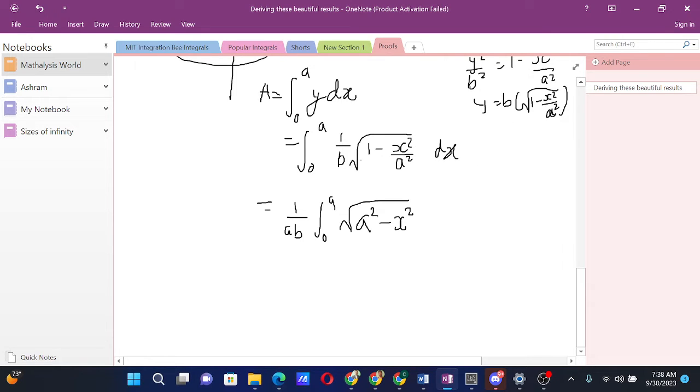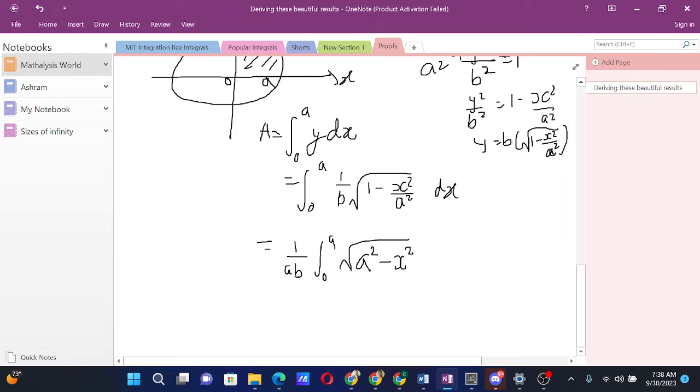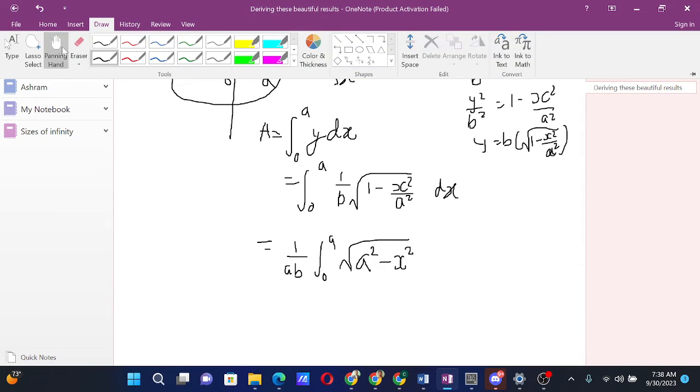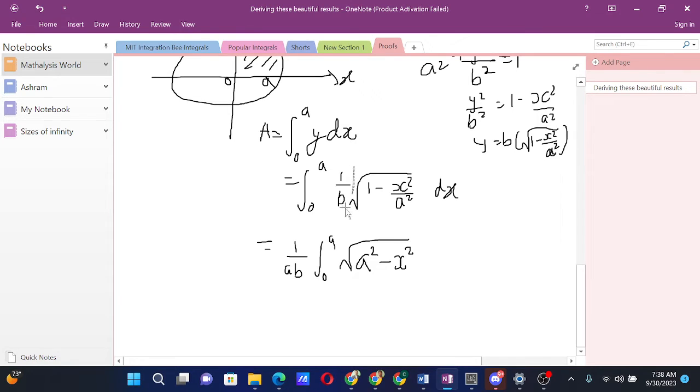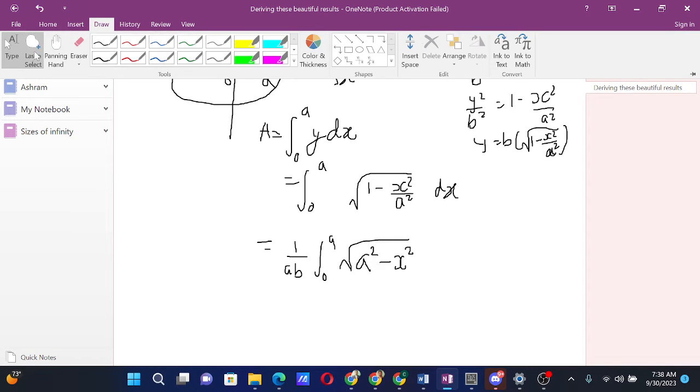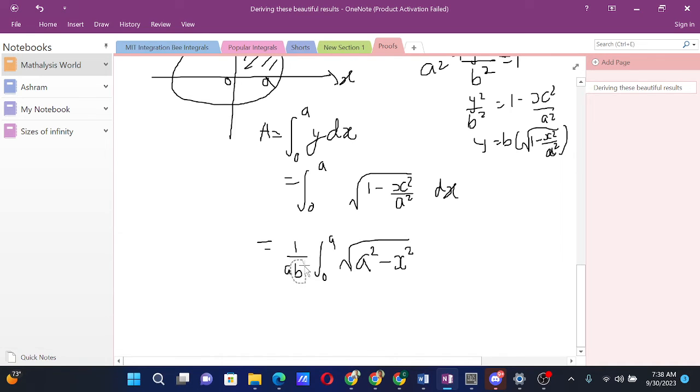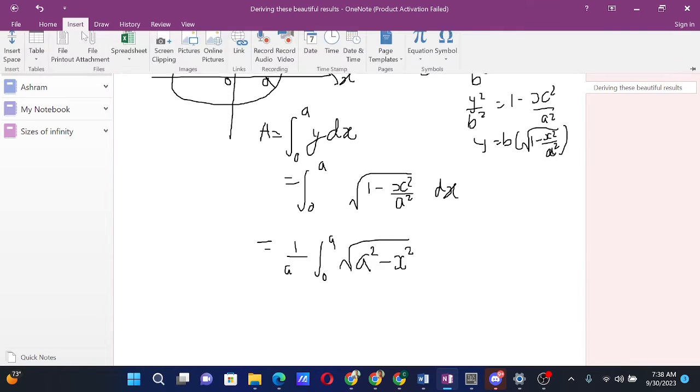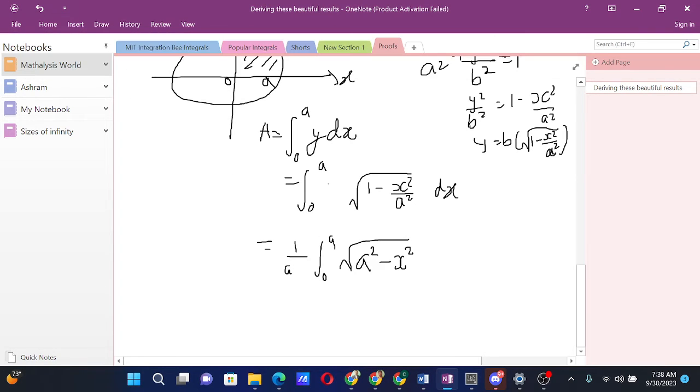Actually, no, we have b in the numerator itself. I made a mistake, I'll correct it. So b is on top.